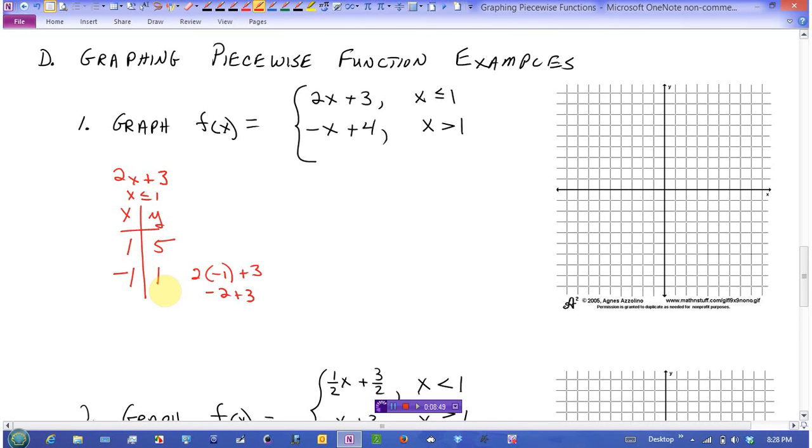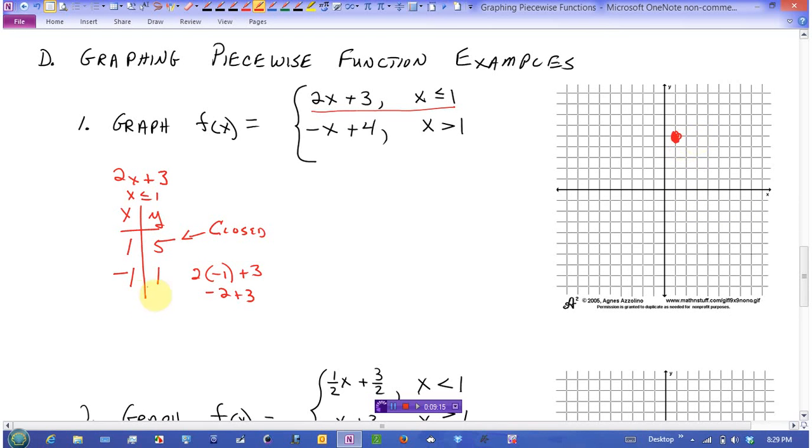For this particular part, the 2x plus 3 up here, I'm going to have a closed dot because this x can be equal to 1. I plugged the 1 in here. This will be a closed dot. So at 1, 5, I'll put a closed dot.